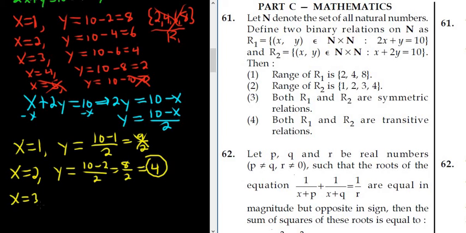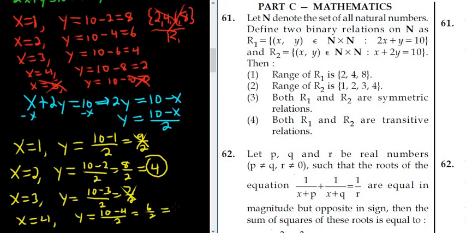When x is 3, we get y equals (10 minus 3) over 2, so 7 over 2. No good. When x is 4, I'm going kind of fast because there are a lot of numbers to plug in, we get (10 minus 4) over 2, so 6 over 2, which is 3. That's good, that's a whole number.